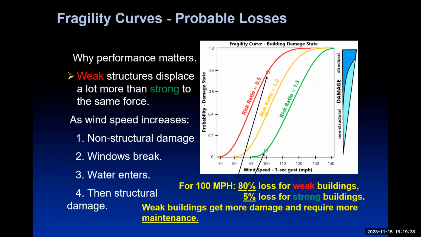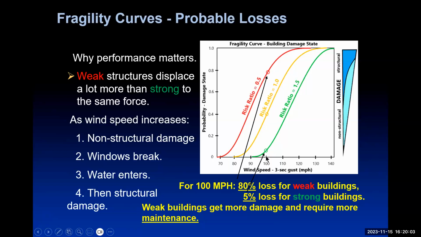And the insurance industry is keen on fragility curves. Now, if you take these fragility curves and look at them in terms of what the risk ratio does, then we take a single wind speed and look at the difference that will occur in risk ratio 1.5, 1, and 0.5.